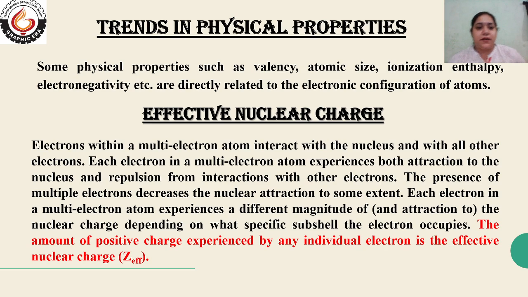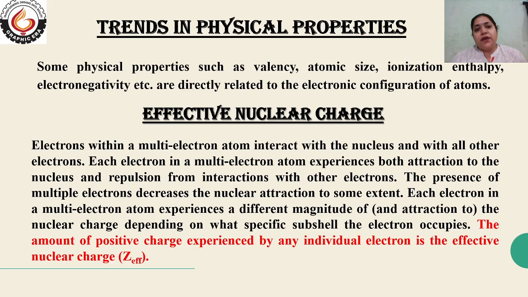In physical properties, today we will discuss the trend of effective nuclear charge and atomic radii. If we are talking about the effective nuclear charge, first it is important to be clear about what it is. Effective nuclear charge is basically the charge of the nucleus which is felt by an electron present in the atom.